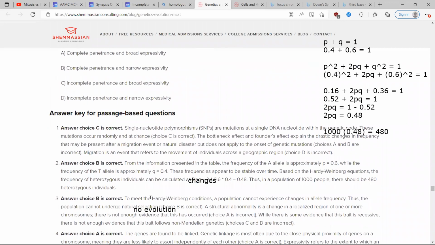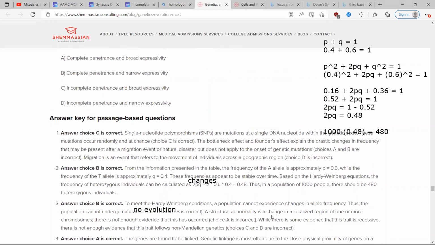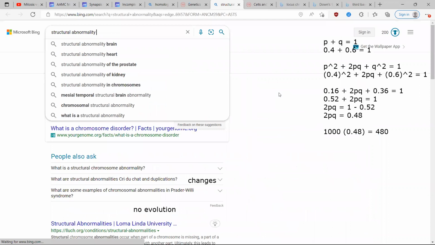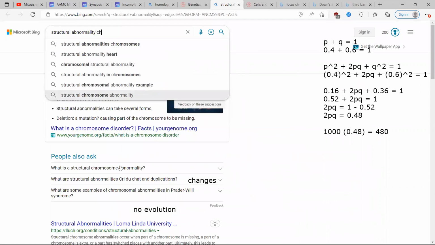That's it? A structural abnormality is a change in a localized region of one or more chromosomes. I've never heard this terminology before. Structural chromosome abnormality.